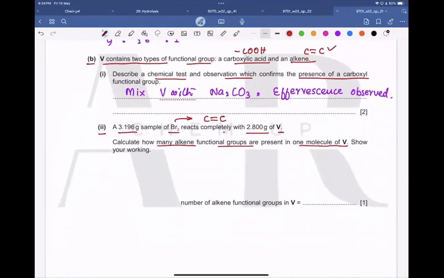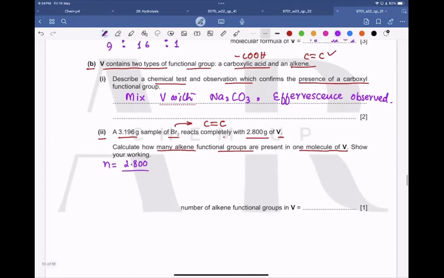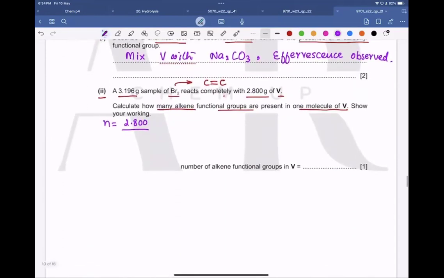Okay. So it's very easy. Find the moles of V first. It's 2.80 gram divided by its MR, and the MR is 280. So what I got, it's 0.01 mole of V has been used.